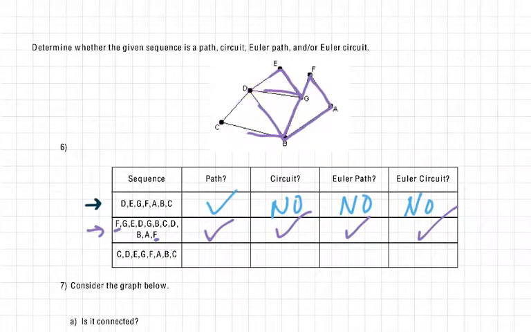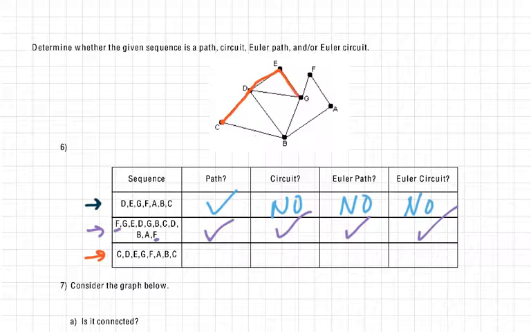Now let's check out this last one. We'll do it in red. We start at C. It goes C, D, E, G, F, A, B, C. It's a path. They were all connected in adjacent vertices, connected by edges. It is a circuit because it started and ended at the same vertex.